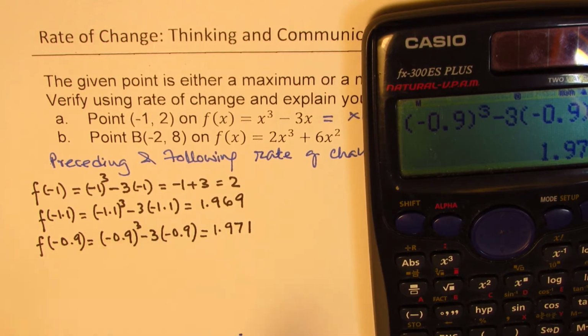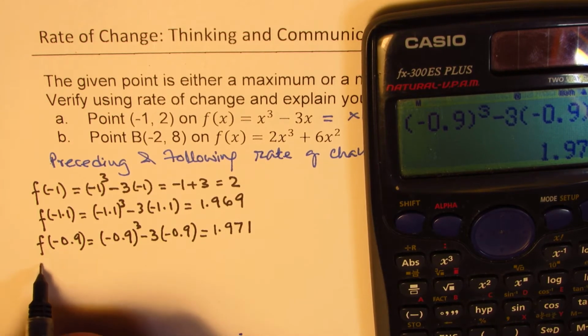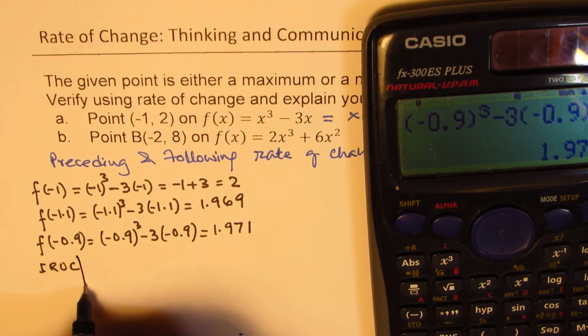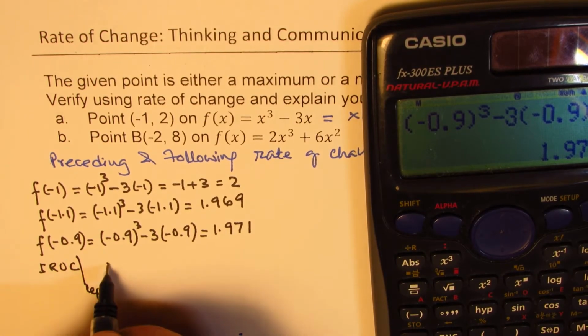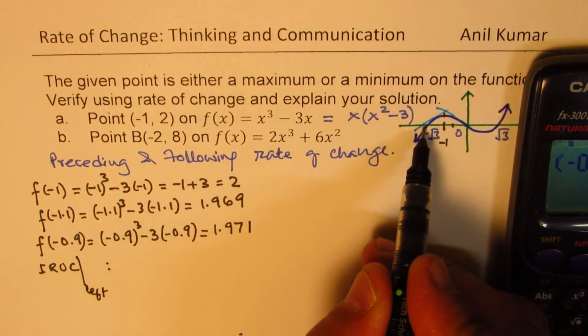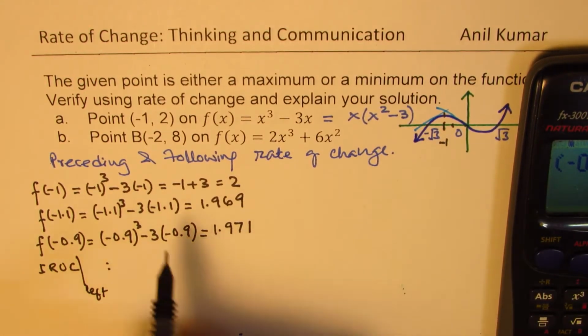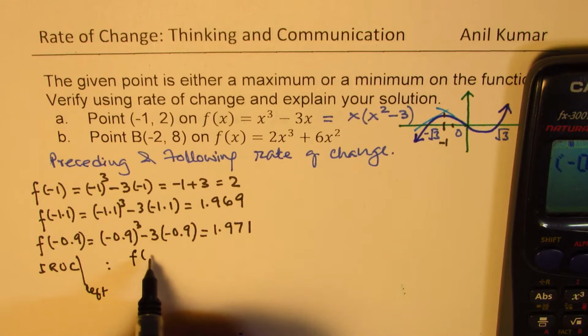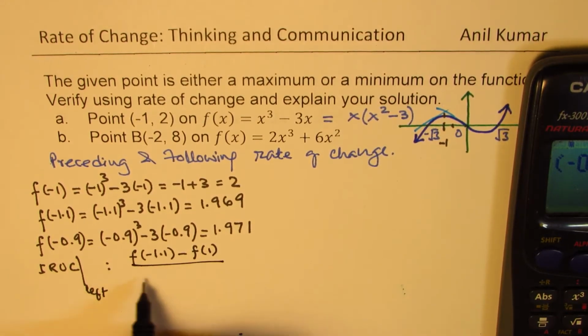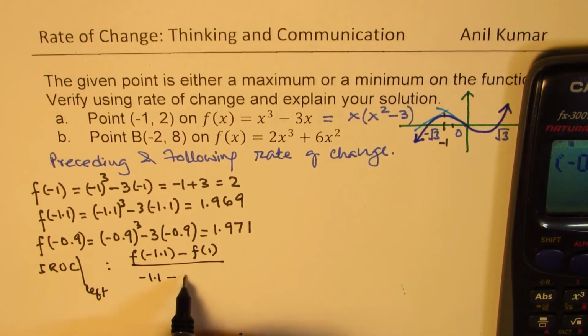Now we'll find the rate of change from left and right, right? So the instantaneous rate of change from the left, that is to say, we are now considering this point on the left side, right? So we'll say f of minus 1.1 minus f of minus 1 over minus 1.1 minus minus 1, right?